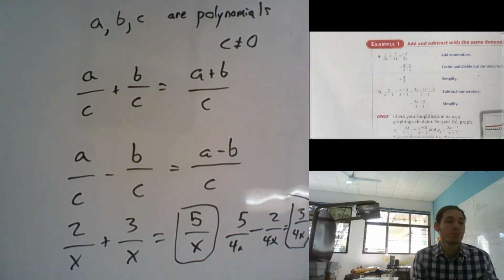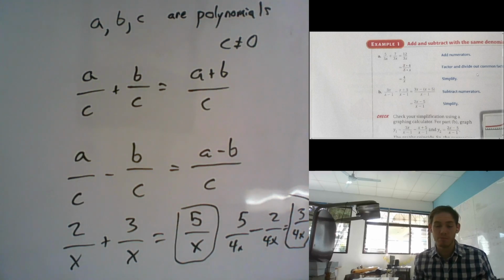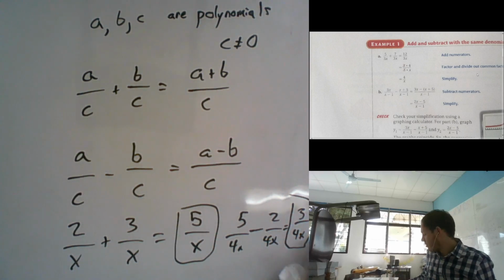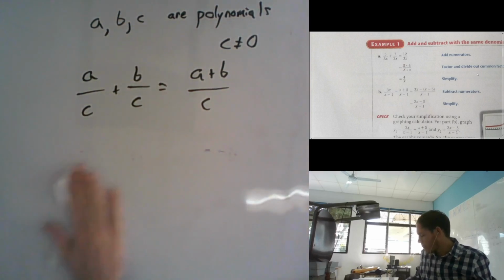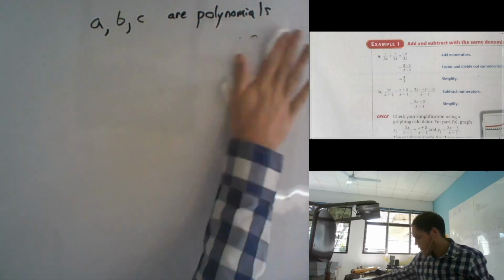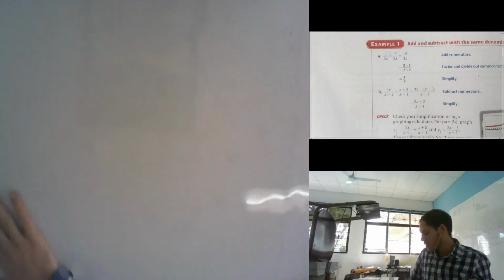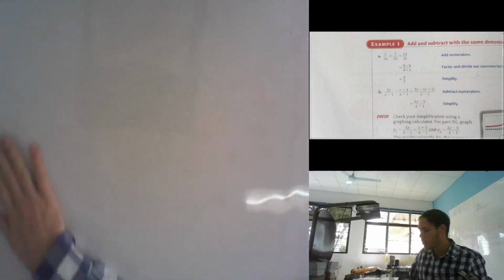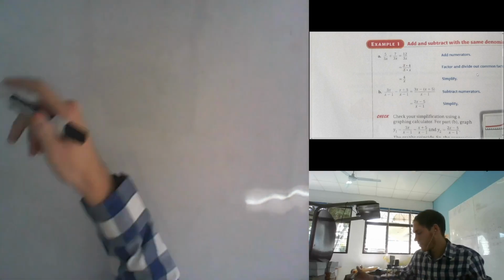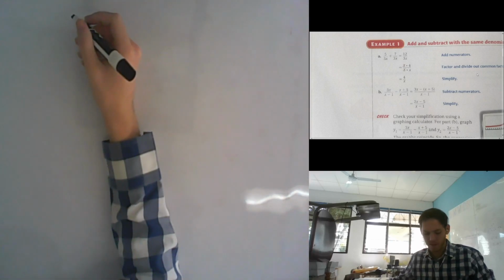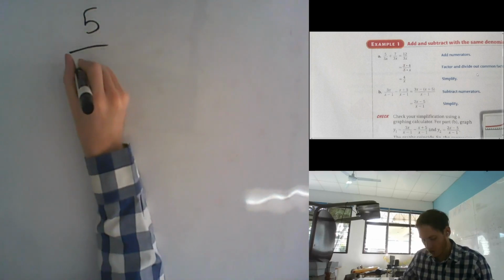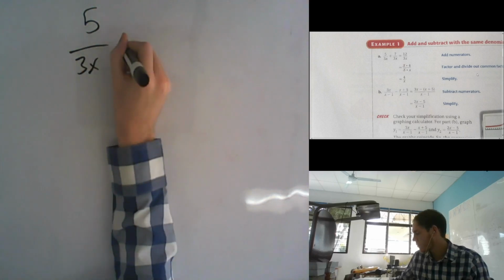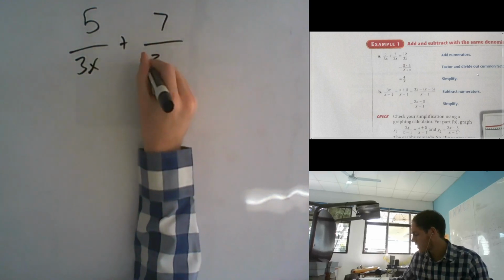So our first problems are actually going to be, thankfully, the same denominator. But as you know with any math, the first problems are the ones to introduce the concept. As we go, the concept gets more challenging. Okay? So we have 5 over 3x plus 7 over 3x.